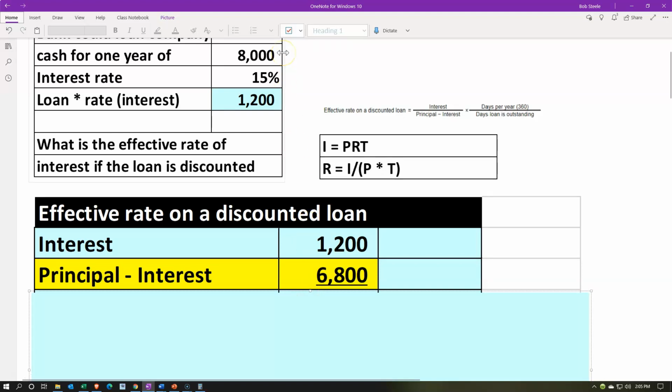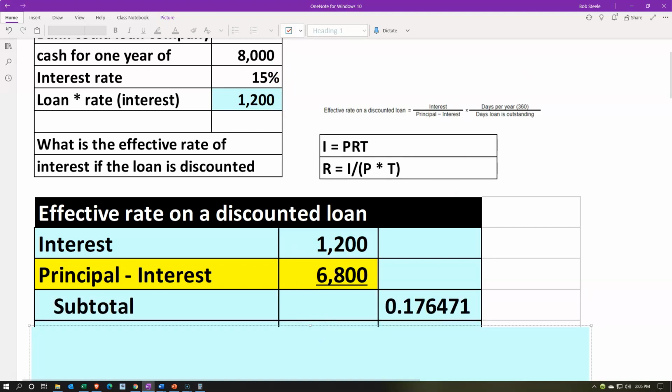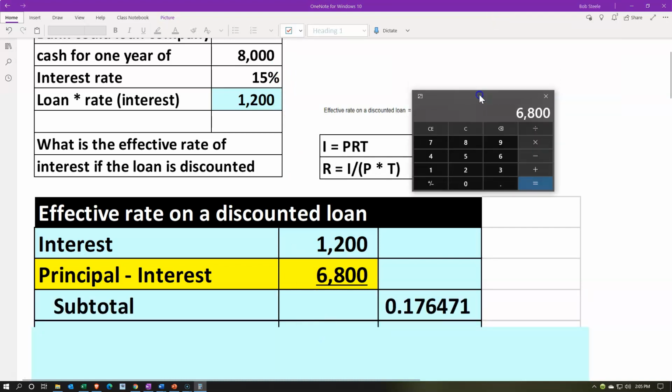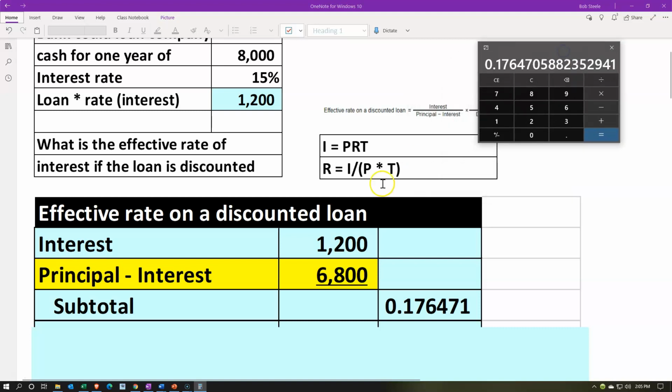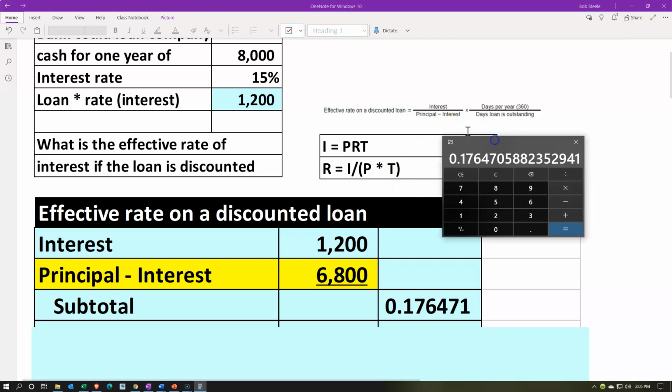We're not going to say the loan amount is 8,000 here. Under normal terms, we got the 8,000 minus the 1,200, so we really got 6,800 at the beginning of the loan. If we then divide the 1,200 by the 6,800, that's going to give us about 0.176, and so on. That's going to be the first half of our calculation here.